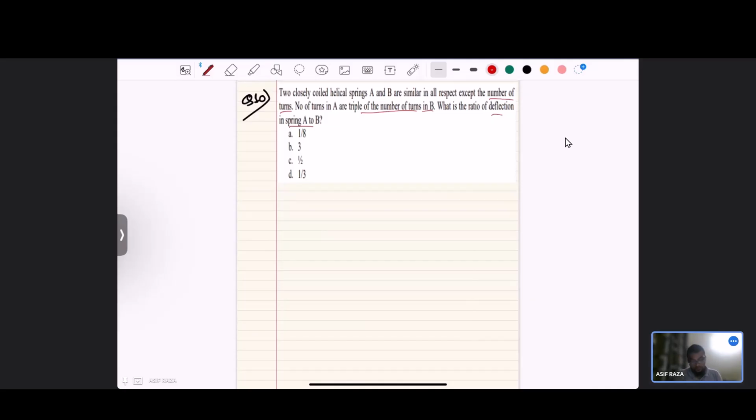Okay, so first thing, we just need to know the formula for the deflection, and that is equal to 64 P R cube N upon G d to the power 4.